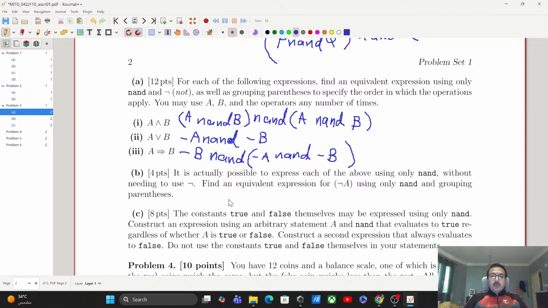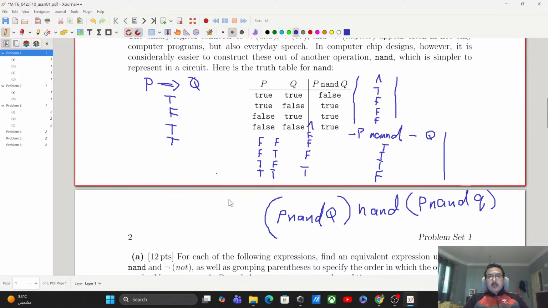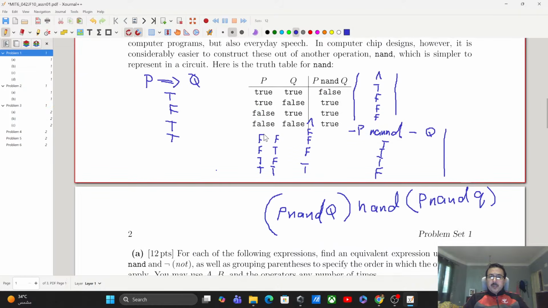Using only NAND. So I got not A is this one, FF true. I can only use NAND.